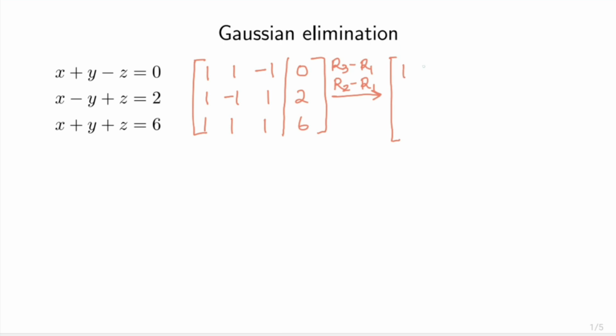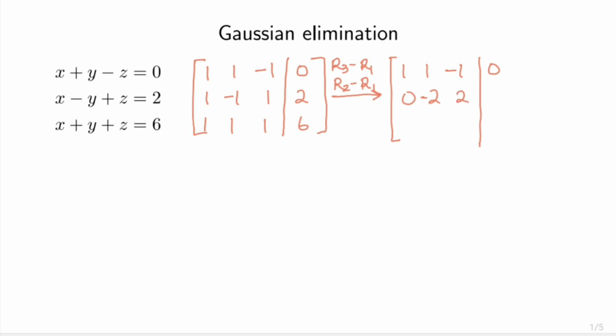Row 1 doesn't change, so we still have 1, 1, minus 1. We still have the bar. We subtract row 1 from row 2, we get 0 here. Then we have minus 1, that's minus 2. Then we have 1 minus minus 1, so that's 2.